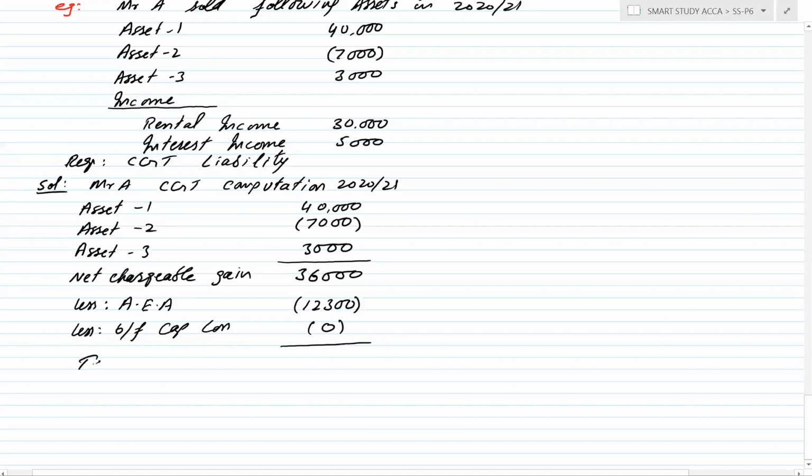I have taxable gains. Can you please tell me the amount over here? 23,700. Now we are going to pay tax on 23,700.